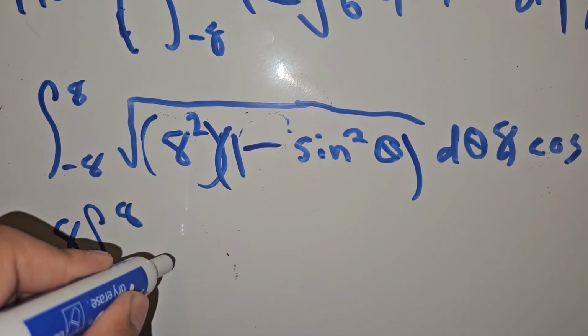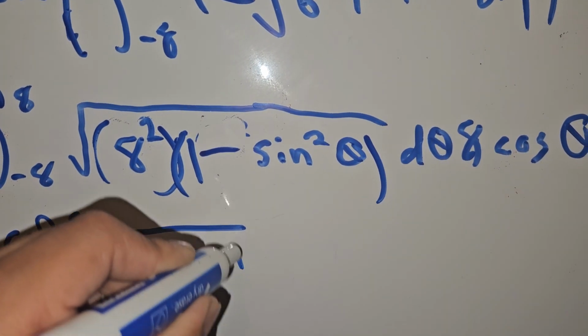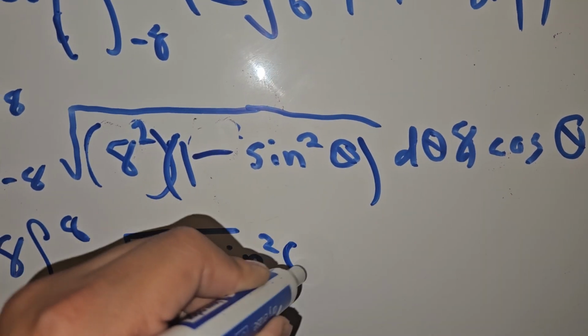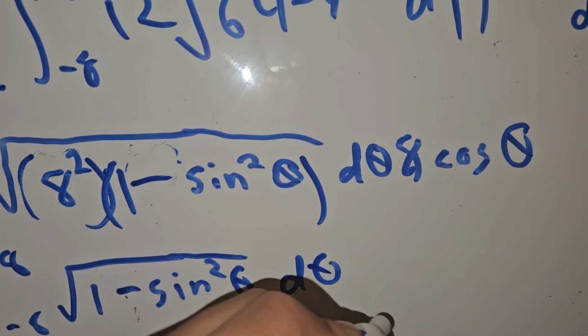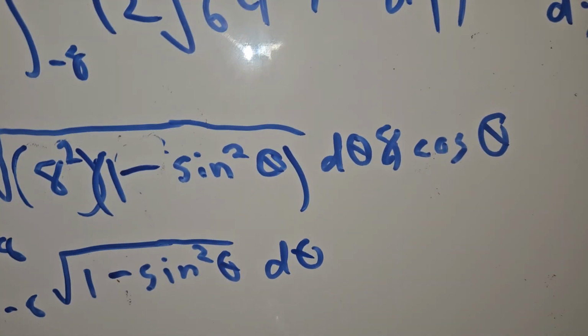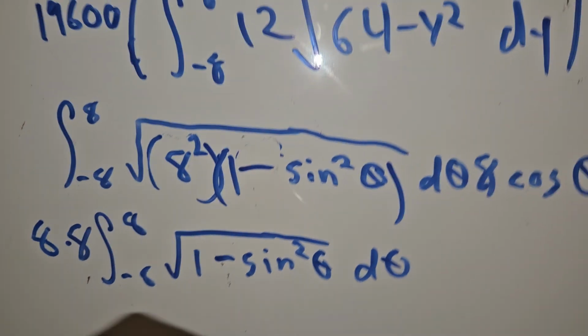The square root of 8 squared is just 8. Since it's a constant, we take it out, and we're just left with the square root of 1 minus sine squared theta times d theta. Actually, let's take out the other 8 also, so this will be 8 times 8. That will be 64, but you get the idea.